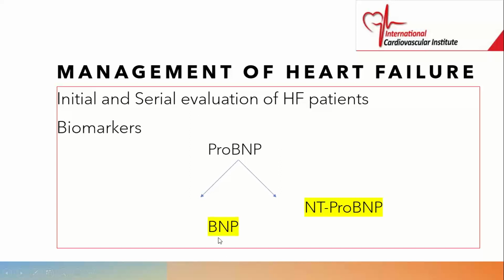The BNP is broken down by neprilysin, and the neprilysin inhibiting drugs are going to cause an accumulation of BNP. It's not going to affect the NT-proBNP byproduct. So if you're taking one of the neprilysin inhibiting drugs, you're going to get an elevated BNP. So you can't use the BNP in that situation to evaluate your heart failure patient.